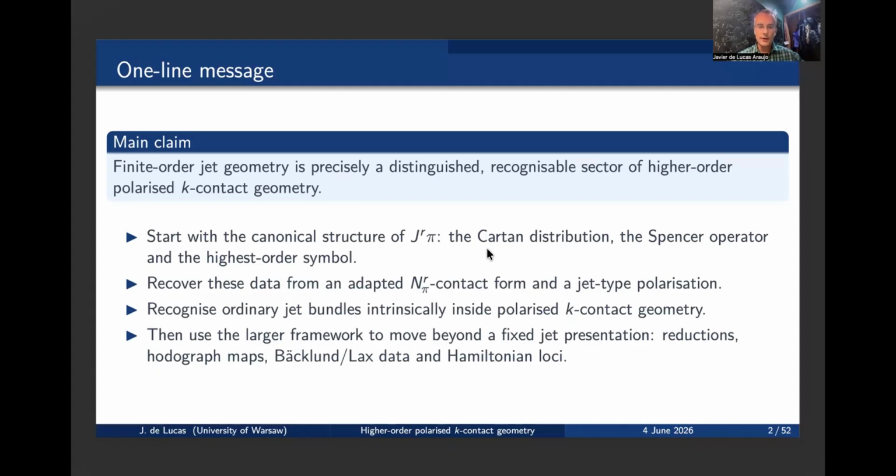Indeed, there is something new: since we describe jet manifolds as a particular case of K-contact manifolds, by means of the so-called polarized structures of Legendre type of order r, which is the technical result, jet manifolds are considered a particular case of K-contact geometry, but K-contact geometry is much more general than jet manifolds.